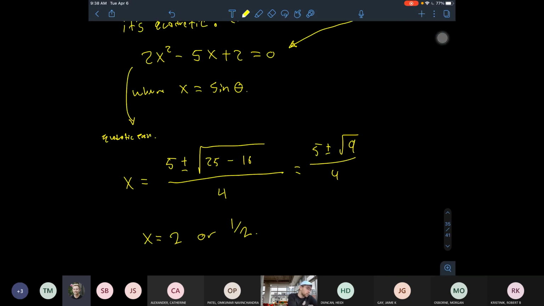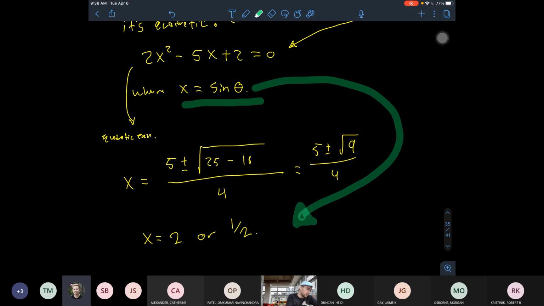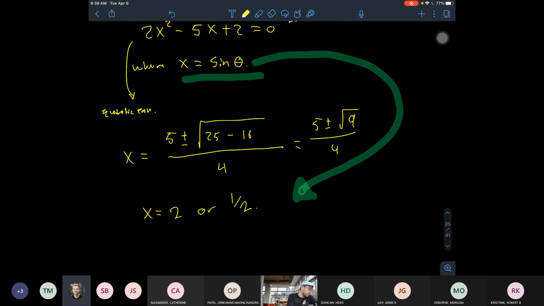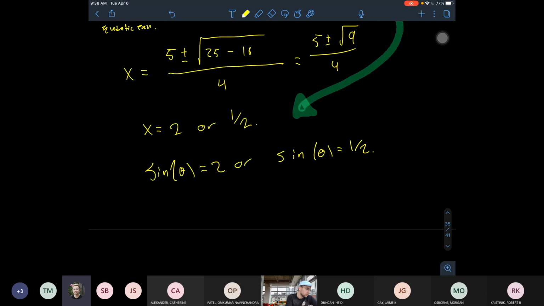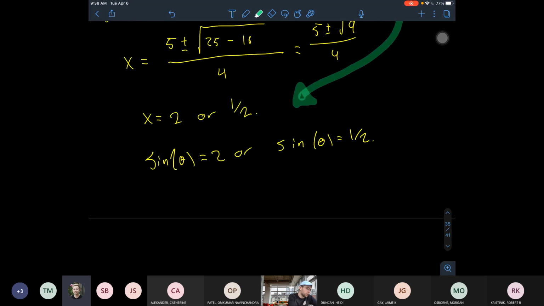So returning to our substitution, that x should be equal to sine theta, we know that sine of theta should be equal to 2, or sine of theta should be equal to 1/2. Let's focus on the first one.